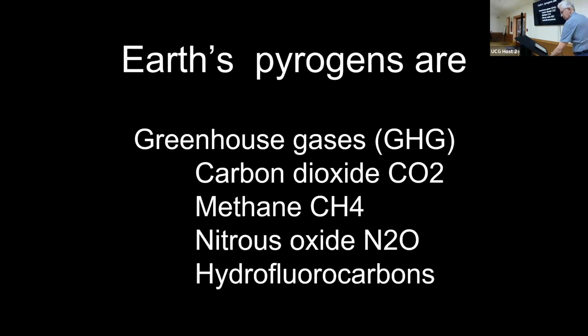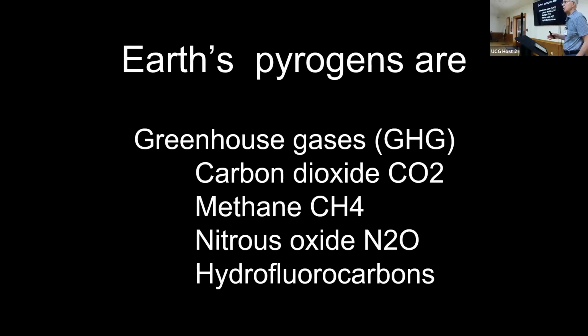Now, the pyrogens for the Earth are a little bit different. Instead of proteins and polysaccharides, we're now talking about gases. And there are 4 primary gases that constitute greenhouse gases. Carbon dioxide is the most abundant.